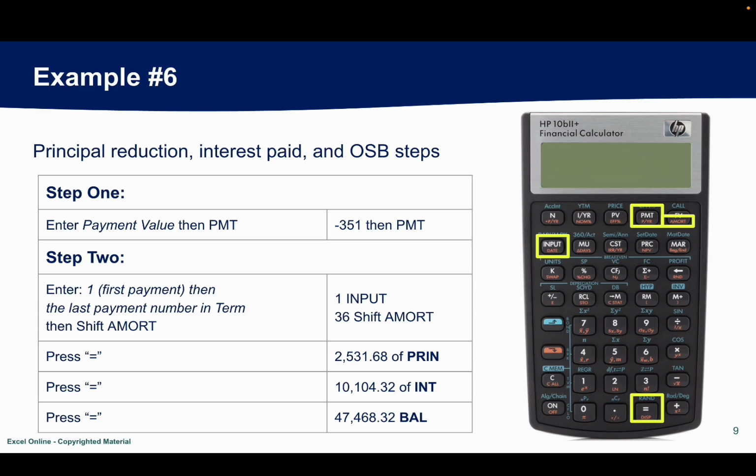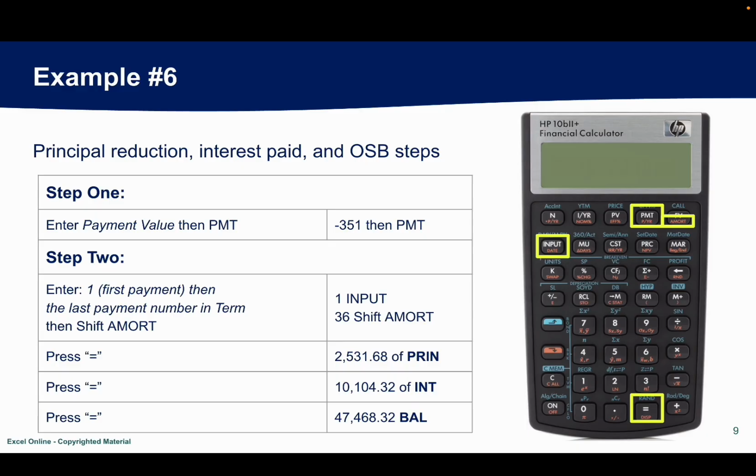So let's say we now want the principal reduction and the interest paid during the first 60 payments and the OSB after making 60 payments.